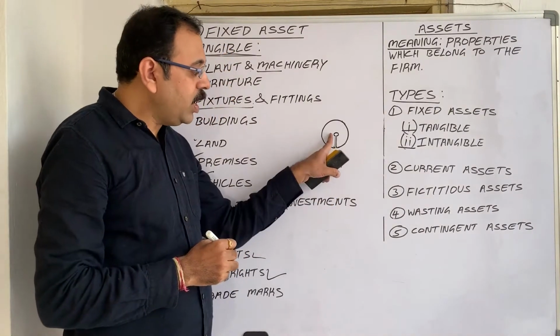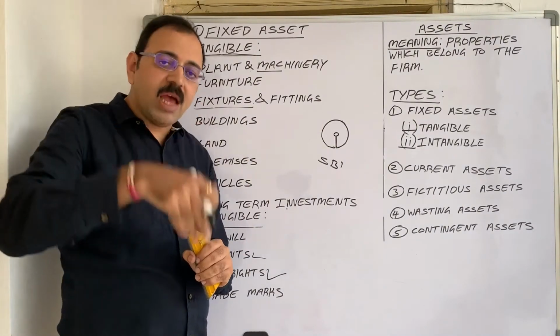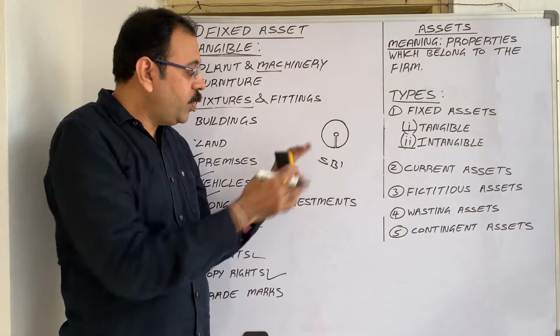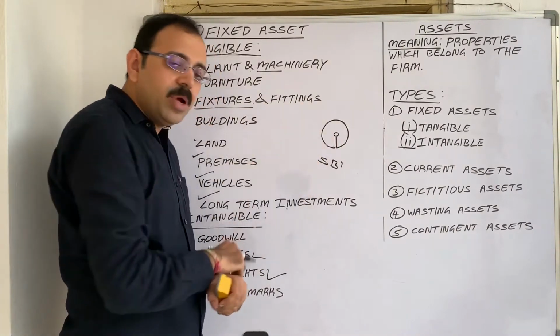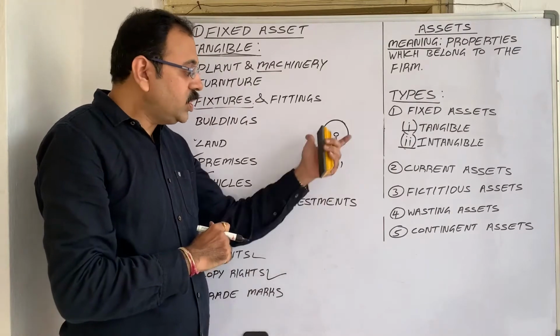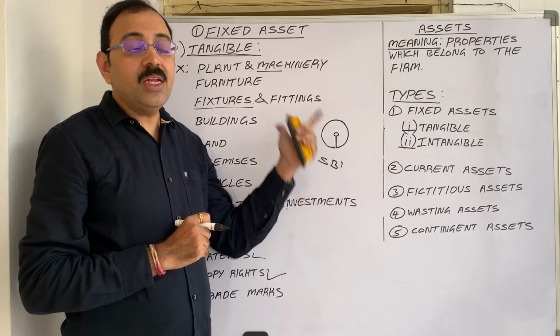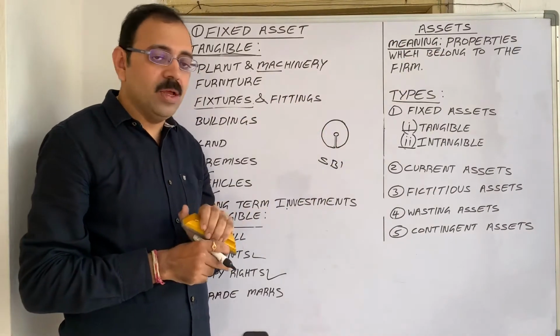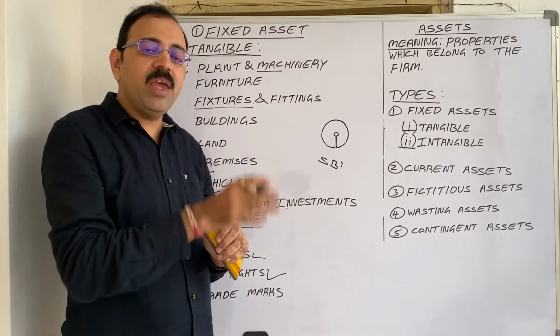So this symbol represents one meaning. That is, you deposit your money in our bank, then we will put it in our locker and we will lock it. This is lock symbol, no? So this symbol only SBI can use. Other banks should not use this symbol because this symbol is registered by SBI with the government.